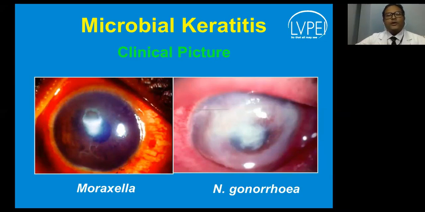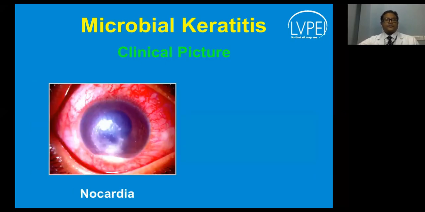And there are certain slow growers, such as Moraxella, as compared to, say, Neisseria gonorrhoeae, which in a very short duration can completely involve the entire cornea, cause a big melt, and that may lead to a complete loss of the eye with extrusion of all the intraocular contents.